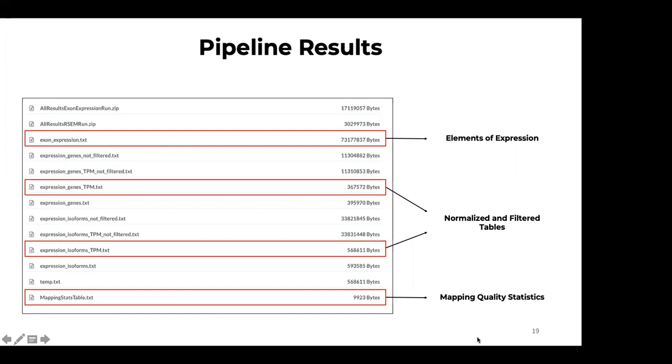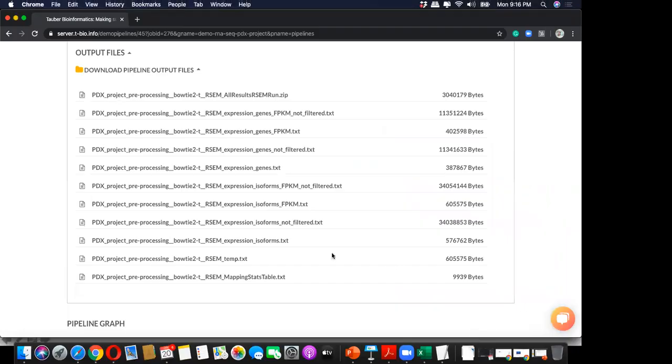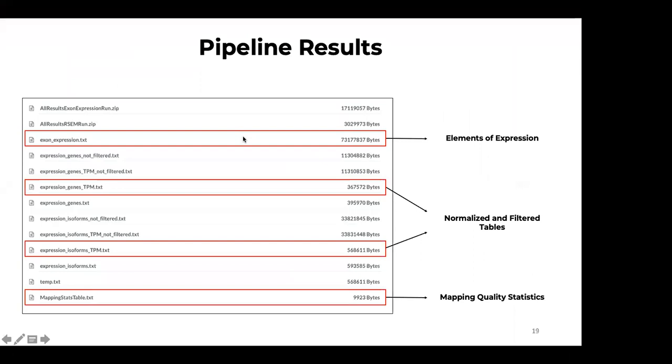So the pipeline results are very clearly organized. This is the screenshot, but this is the actual pipeline where you can see they are organized by exons, isoforms, and genes. So exons here, isoforms here, and genes.